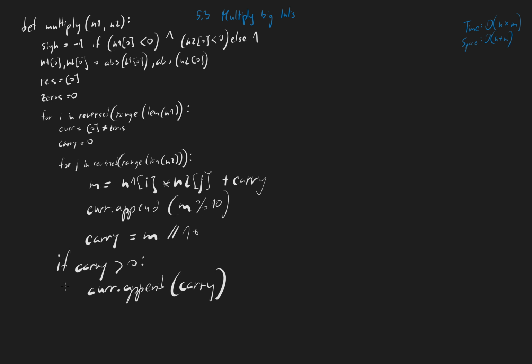And now we need to update our results. Add is our helper, and just adds two numbers together, results and cur. We also increment zeros.